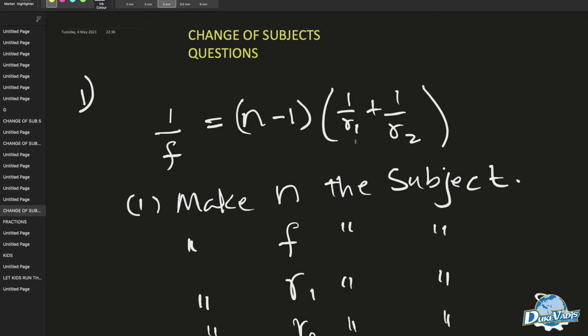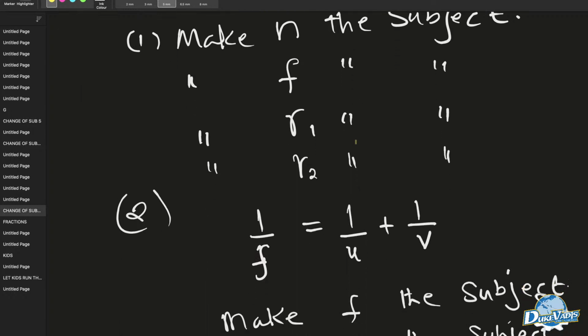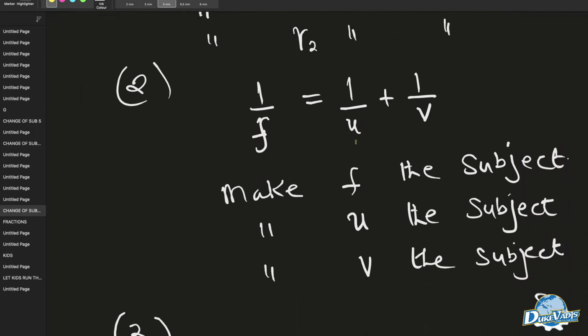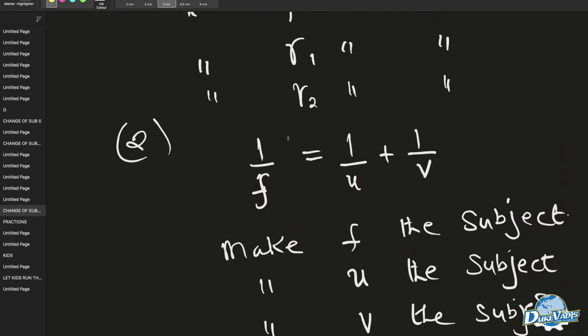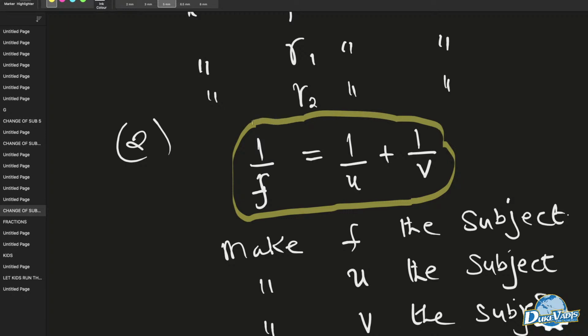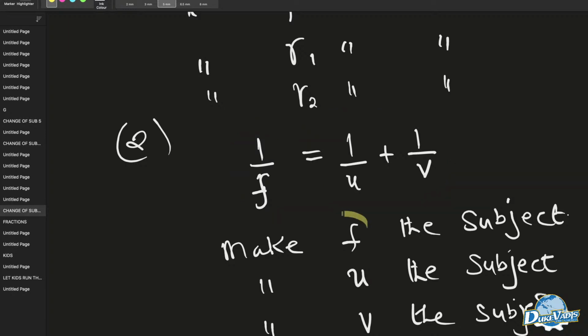Then the next one we're going to look at says that 1 over f is equal to 1 over u plus 1 over v. We are going to make f the subject of the equation, or u the subject, or v the subject of the equation.